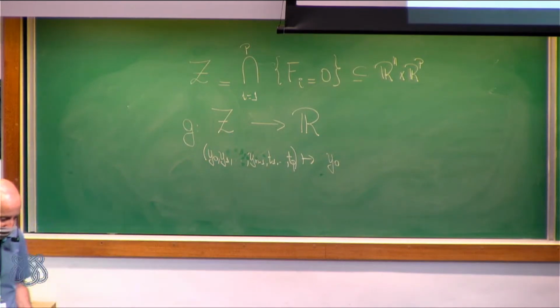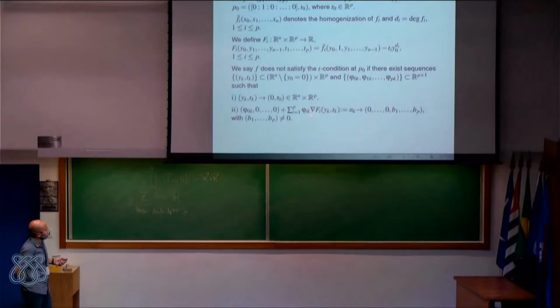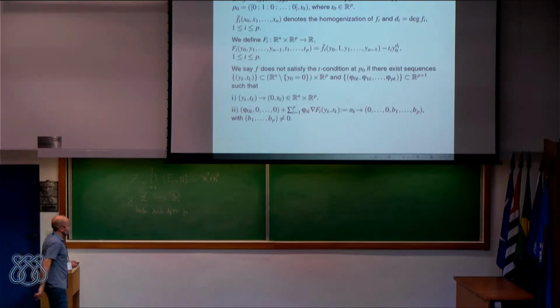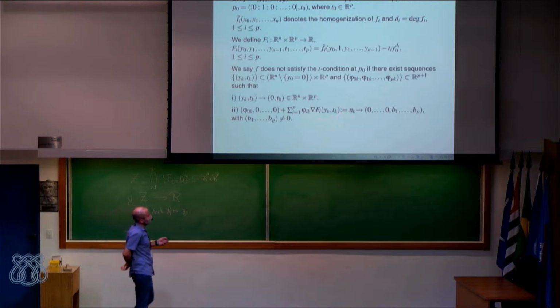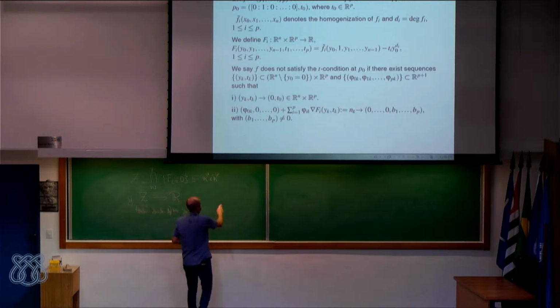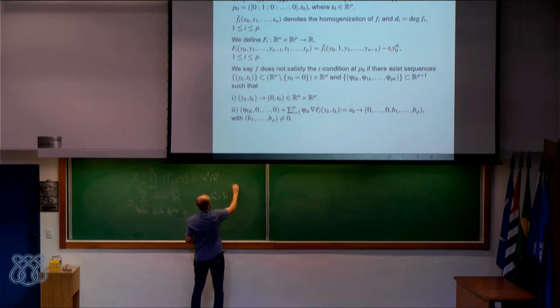Then in this way, since the gradient of fi is normal to Z, each gradient of fi is normal to Z, you have that this vector nk is normal to a hyperplane. This is a hyperplane in Rn times Rp.